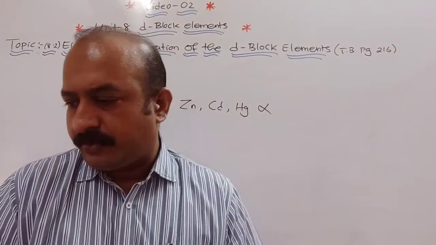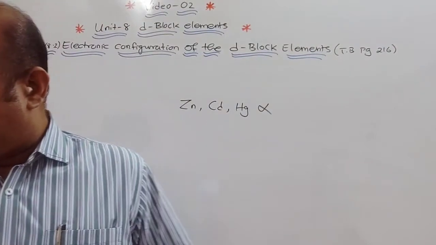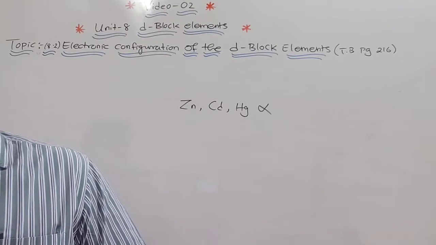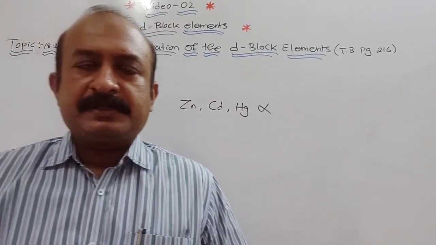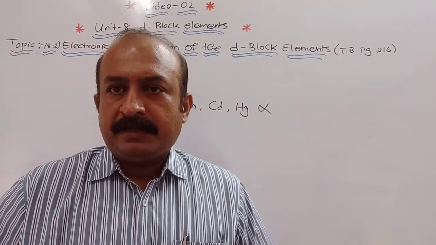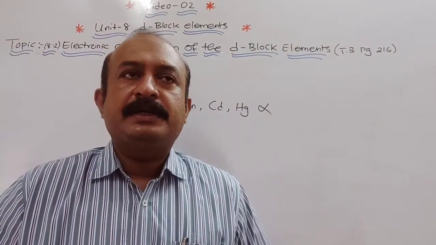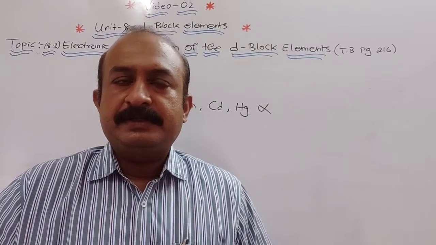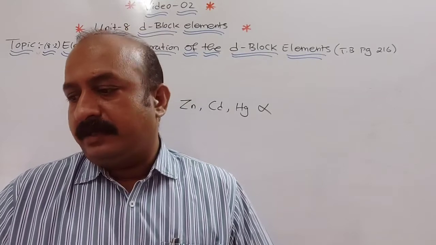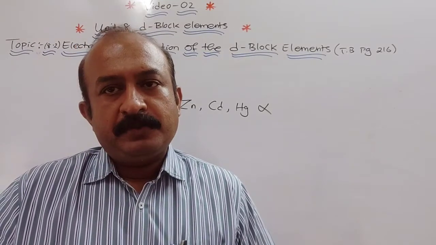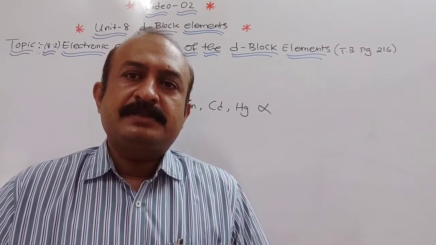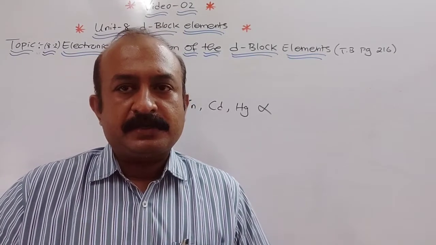Certain things are there in your textbook, paragraphs are given. In that they say we will be discussing many physical properties, that is catalytic property, magnetic properties, ionization enthalpy, atomic and ionic radius, complex formation. These all properties we will be discussing in our next topic. So this was all about the 4 series of d block elements: first transition, second transition, third transition and fourth transition.